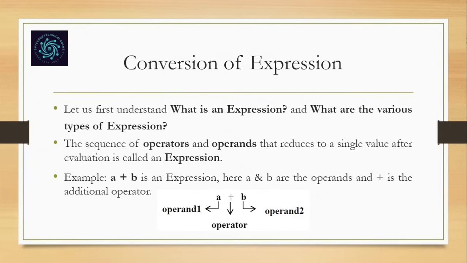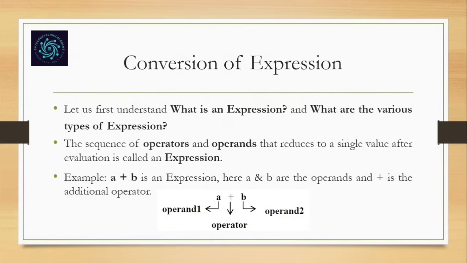Now let us understand conversion of expression in more detail. Before going into detail about the conversion of expression, let us first understand what an expression is and what the various types of expressions available are. The sequence of operators and operands that reduces into a single value after evaluation is called an expression.